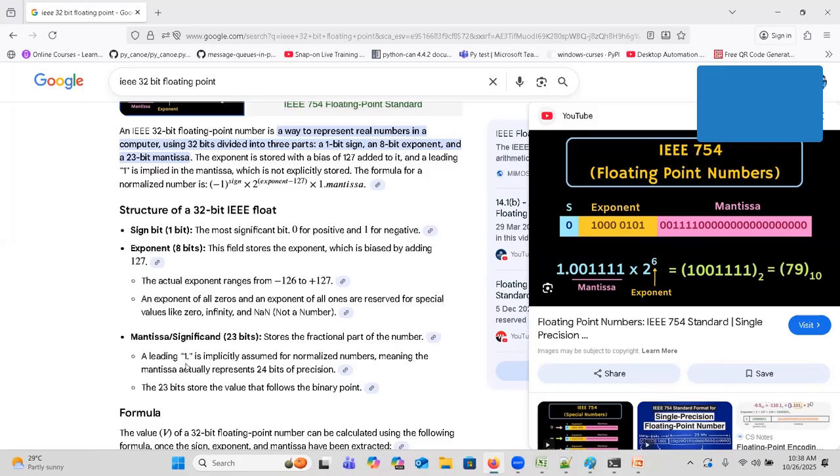The problem with this floating point standard is implementing it in your microcontroller or microprocessor. If it is a fixed point microprocessor, it does not support floating point numbers by default. Only fixed whole number support is available in this microcontroller.